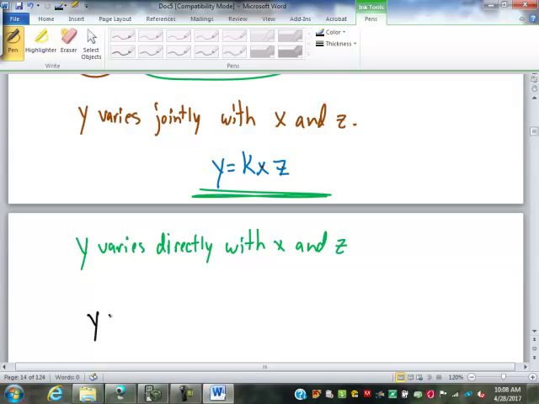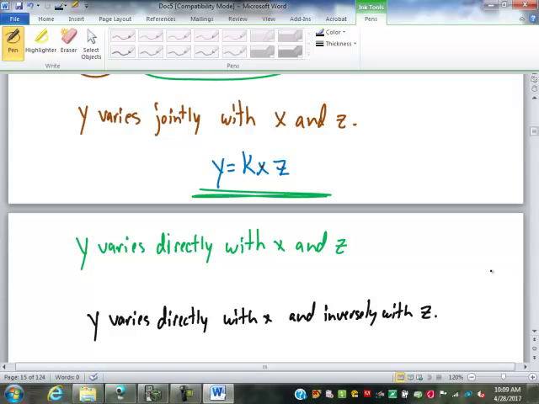You could have Y varies directly with X and inversely with Z. Now, if they're using the terminology joint variation, this possibility isn't possible.